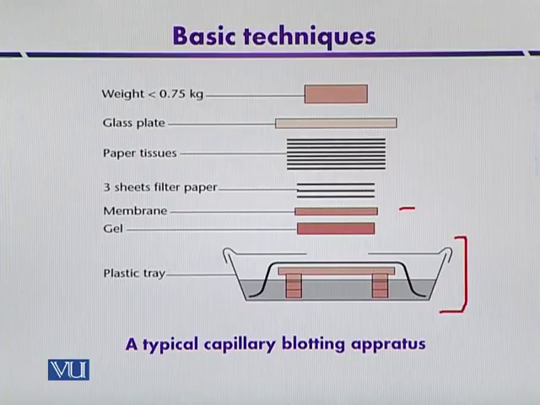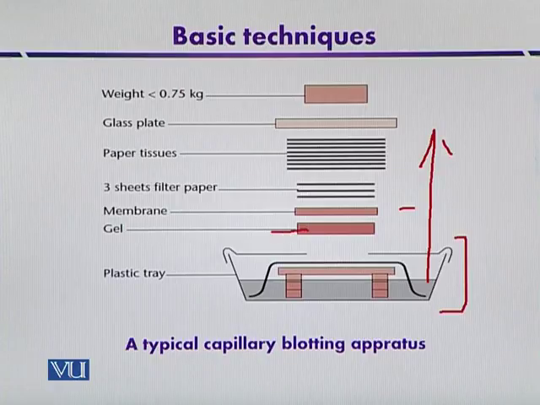When they absorb the buffer, then the buffer will move upward through the gel, and with the flow of the buffer, the DNA molecules that are contained within this gel will move onto the membrane, and here they are immobilized. After immobilization, now this DNA is ready for a hybridization experiment by using a radiolabeled probe.